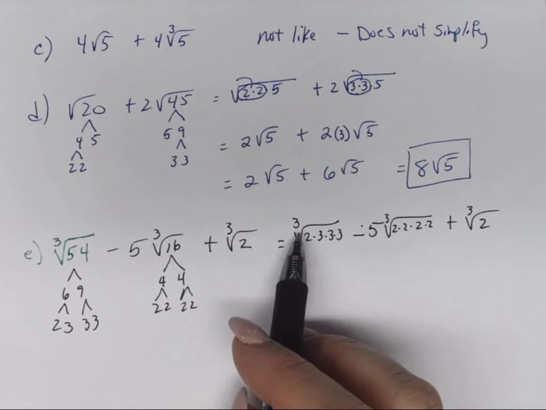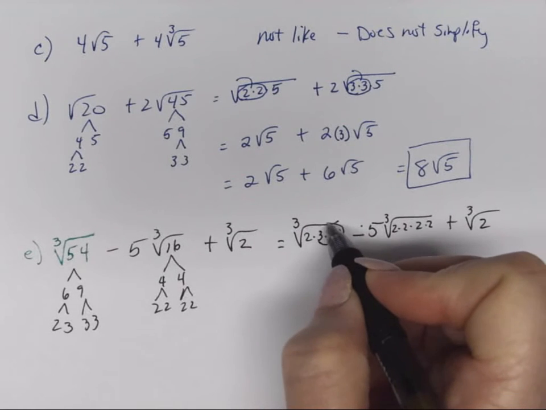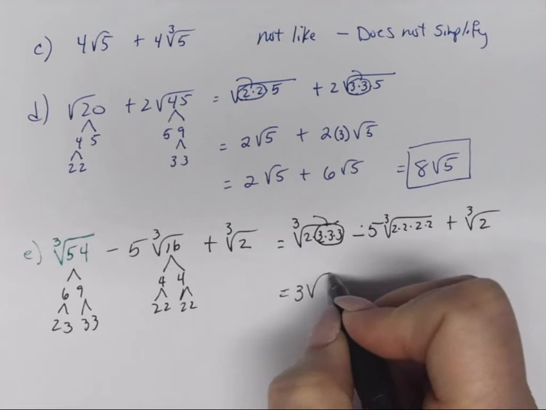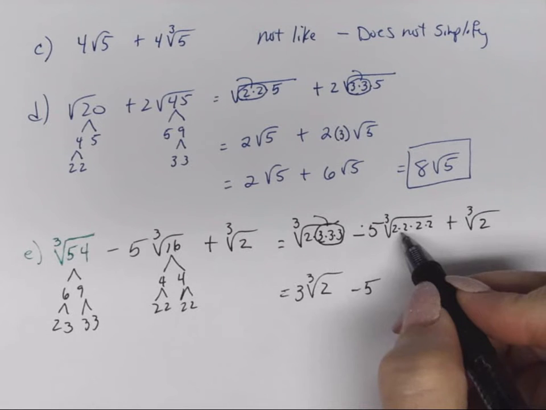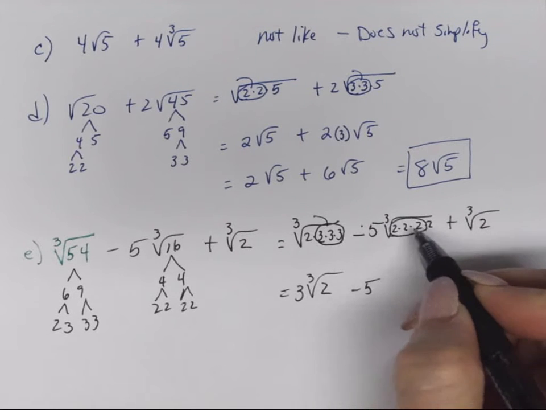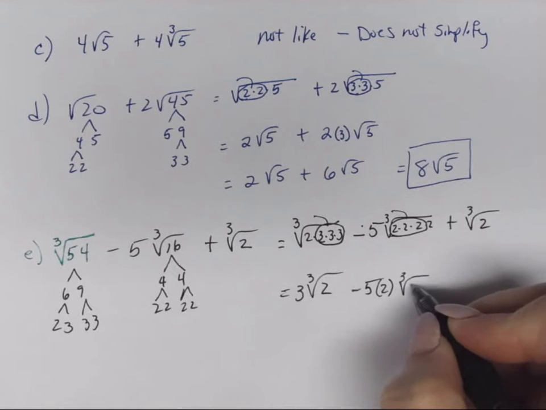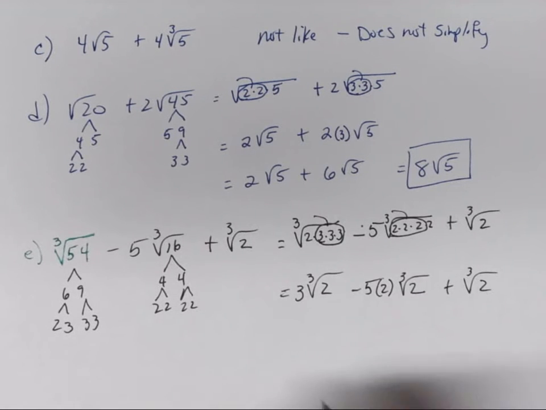So because it's a cubed root, we're looking for a group of 3 of the same number. So here we have a group of 3 threes. So this will be 3 cubed root of 2 minus 5. Here we need 3 of the same kind, which would be a 2, so times 2 cubed root of 2 plus the cubed root of 2.